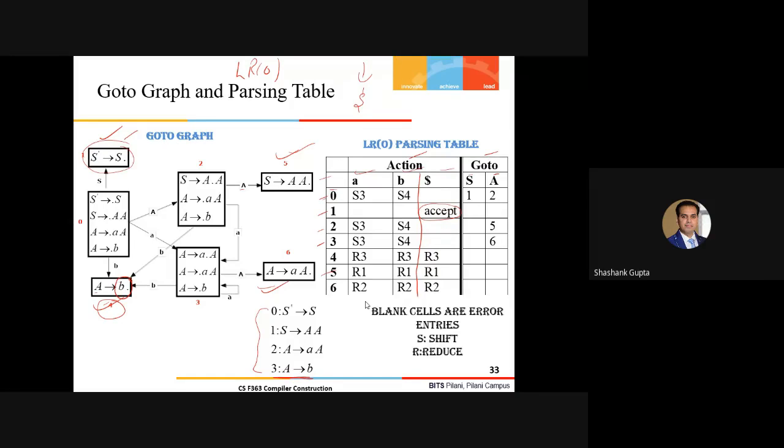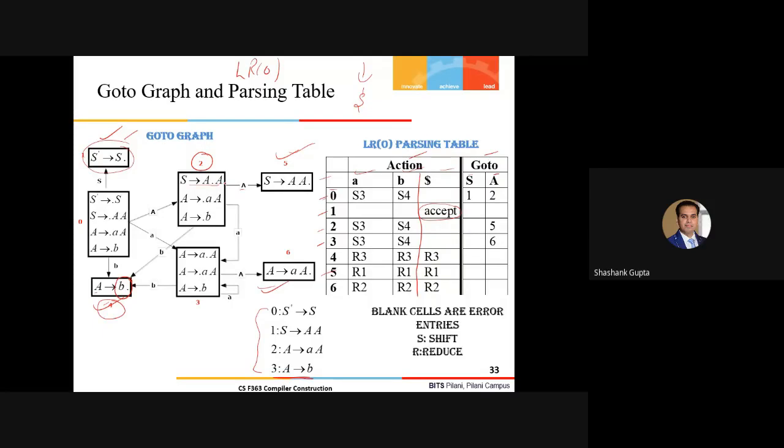Sir, can you explain the go-to part once again? Yes. So what does go-to part here mean with respect to the non-terminal symbols? Let's assume right now I am considering state 2 here. On state number 2, I cannot perform the shift operation. Why? Because just on the immediate right of the dot, there is a non-terminal, right?